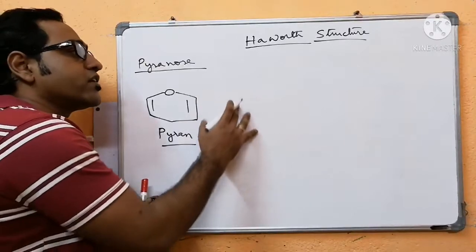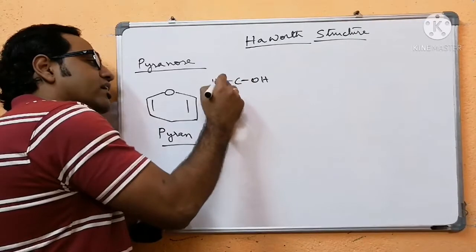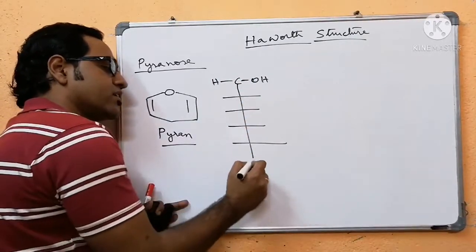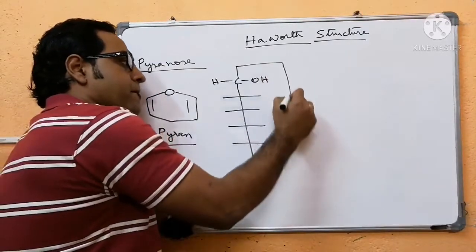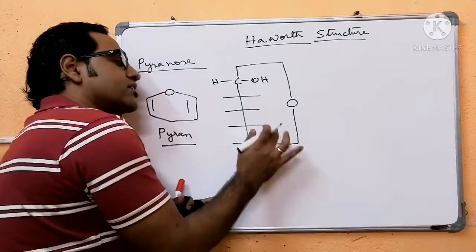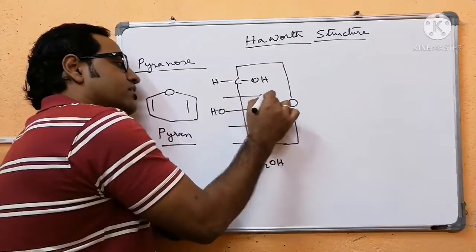First of all, we will draw the normal structure. Say this one, CHO, H, second, third, fourth, fifth, and this one is the 6th one. Put the oxygen here like this. Right, right, left, right.